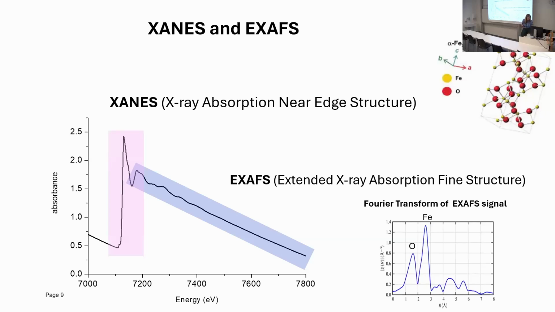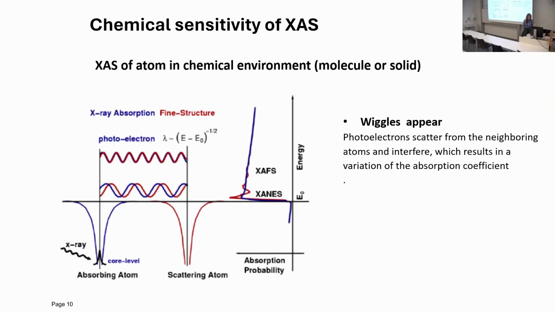So it's really the chemical structure which produces this oscillation of the absorption coefficient. If the element were just in the gas phase, it would be a simple step and nothing else.